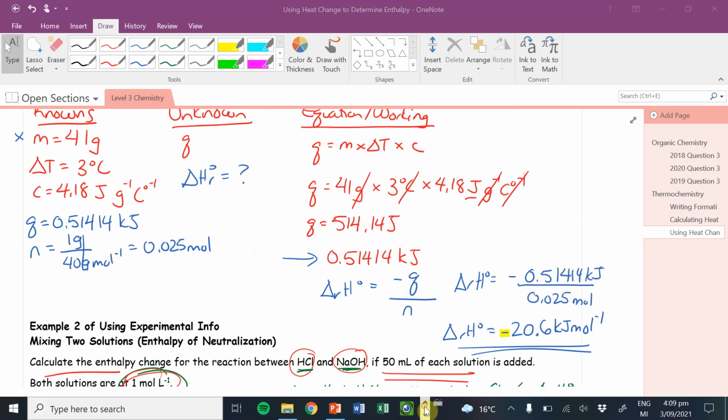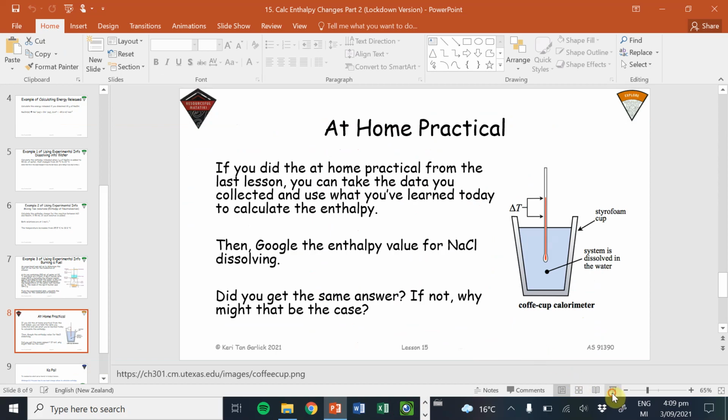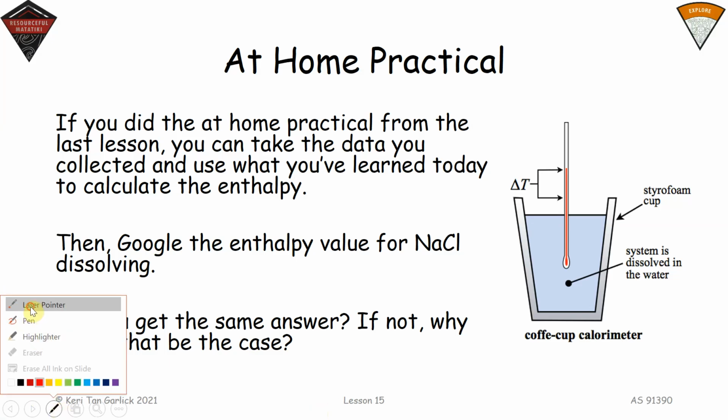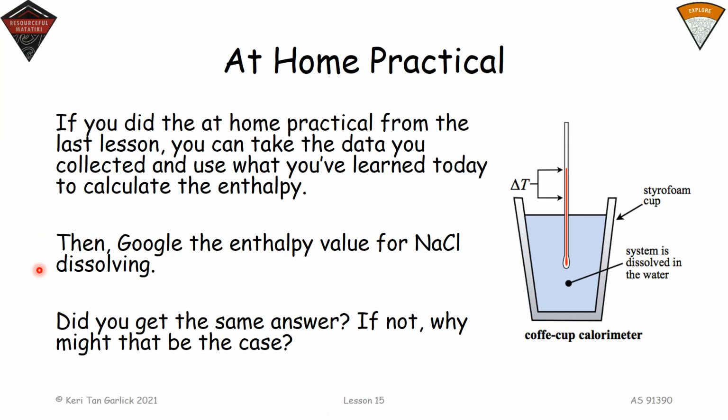And the neat thing about being able to do this is you can actually verify if it's right. So you can Google the enthalpy value for dissolving sodium chloride and see, does your number match what the standard values are, because you have to remember that when we're looking at those values, they're done under standard conditions.